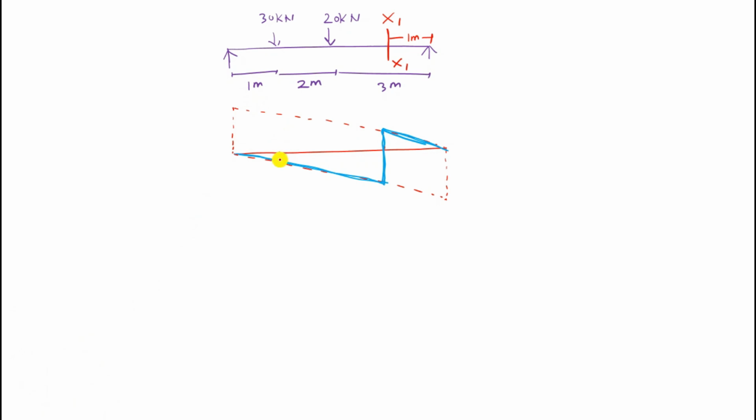Now below 30 kilonewton and below 20 kilonewton we have two different heights. Suppose this is y5 and this is y6. So this value is 1 and this value is 1. This is negative part, this is positive part.